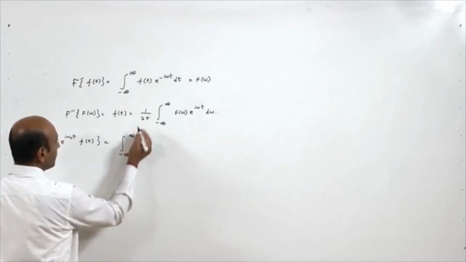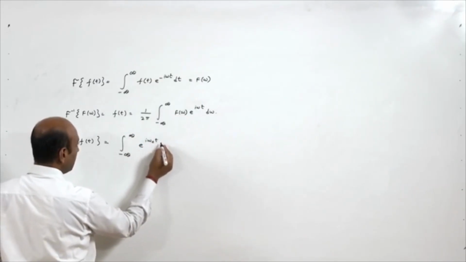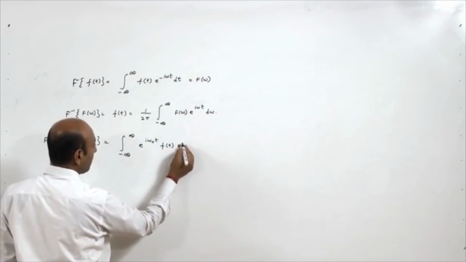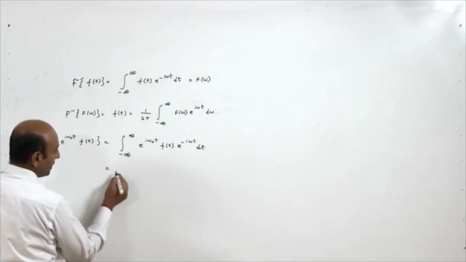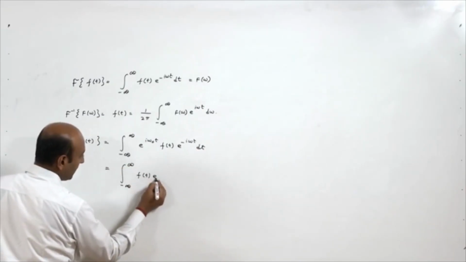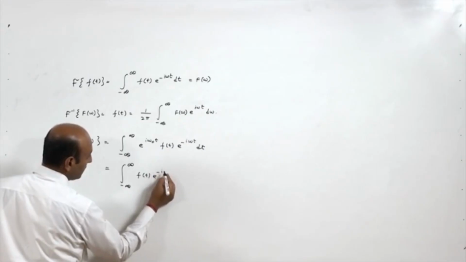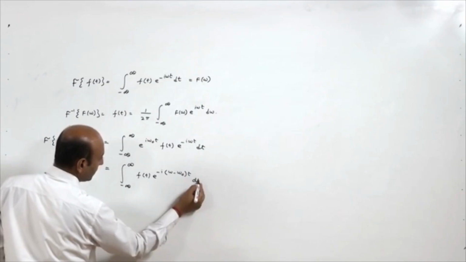You apply the definition: e^(iω0t) f(t) e^(-iωt) dt. So, this is given by the integral from minus infinity to plus infinity of f(t) e^(-i(ω-ω0)t) dt.